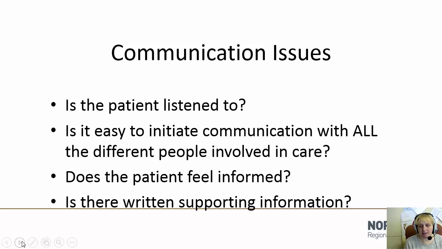Now, of course, you could minute meetings and send around minutes of meetings and say this was decided and that was decided, but it's not the same if you're not there. So that can be a little bit of a barrier. Okay, and this comes under whether or not it's easy to initiate communication with all of the different people involved in the care. Now, I've just given you an example of a case conference in a hospital ward, but it's also missing perhaps the informal carers, guys.